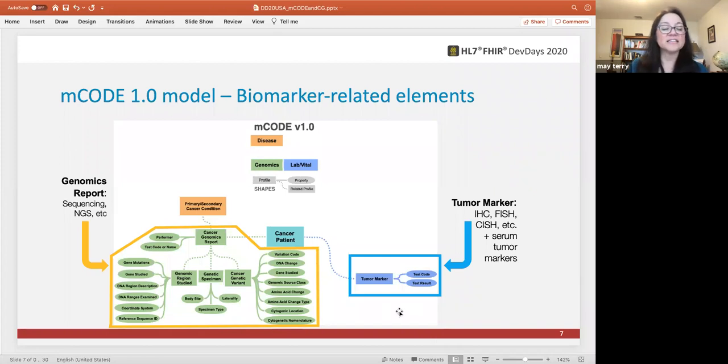And this is different from what you can see here, say in the genomics report, where you have a lot of metadata. It's very heavy and goes further into the complexities of what a genomics report might have, which would include potentially one or more regions that have been looked into, and within one or more regions, you may find a number of variants.